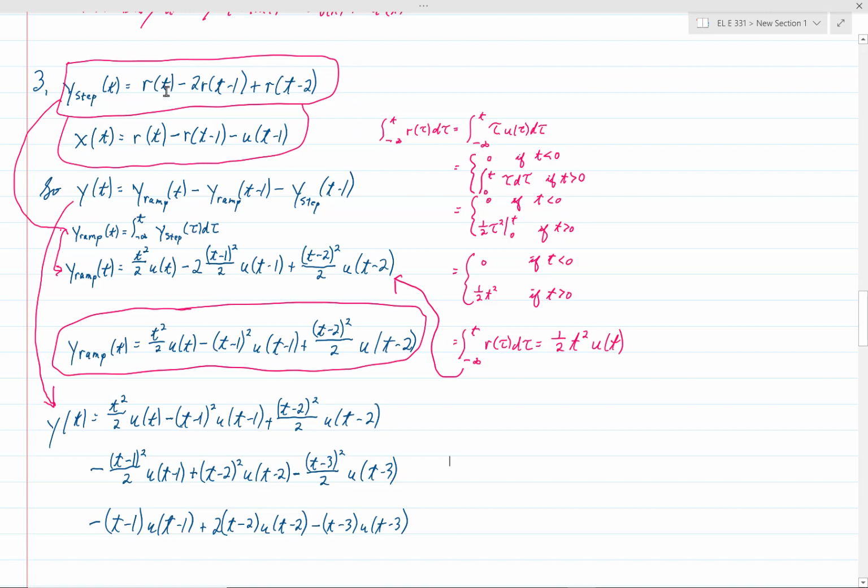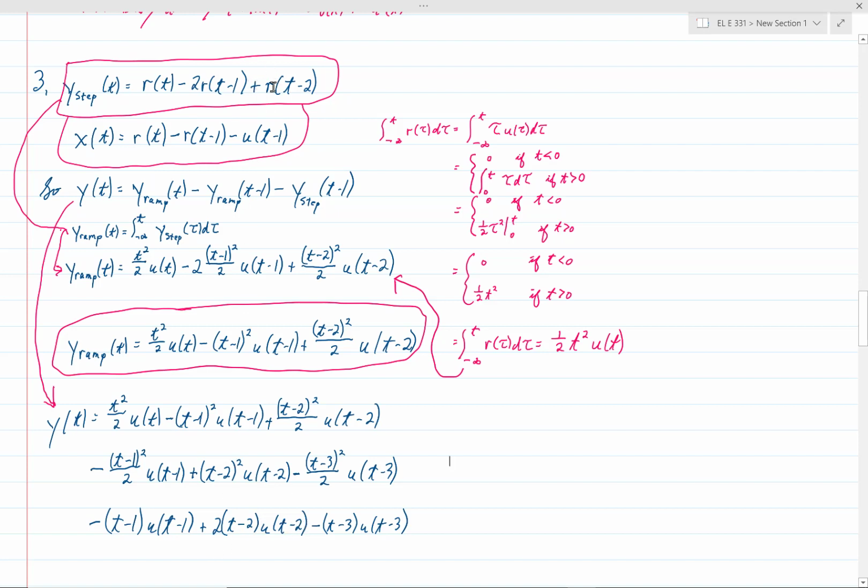So remember, r of t is t u of t. So r of t minus 1 is t minus 1 u of t minus 1. So that's where we get this one. We have minus that, and then minus a negative 2 is plus 2, and then r of t minus 1 up here would be t minus 1 u of t minus 1, but we have y step of t minus 1, so we have to shift it by 1, so it becomes t minus 2 u of t minus 2.